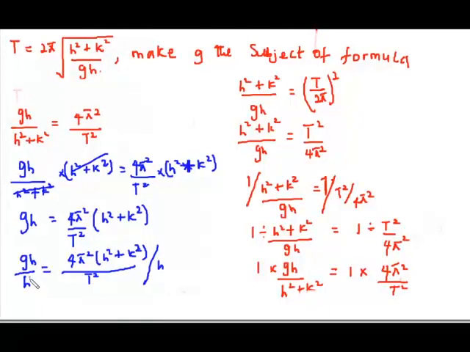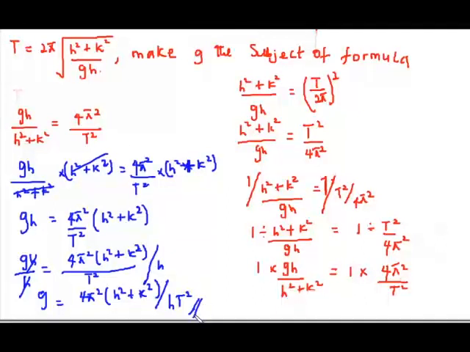So ultimately h cancels out h, and then g, the one we've been looking for, is 4 pi squared, open brackets h squared plus k squared, divided by hT squared. So that's the answer of the equation.